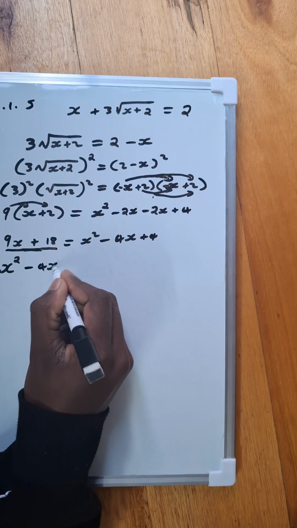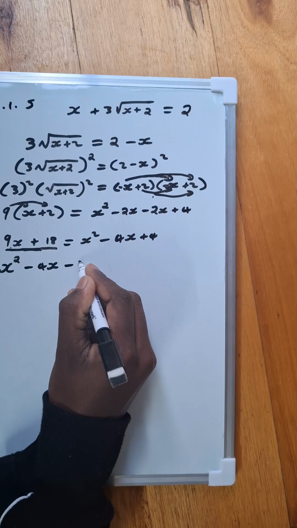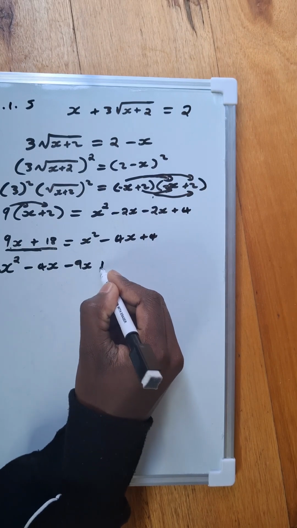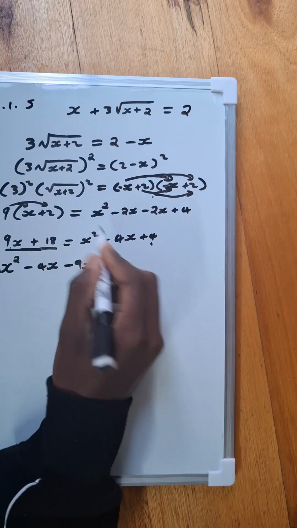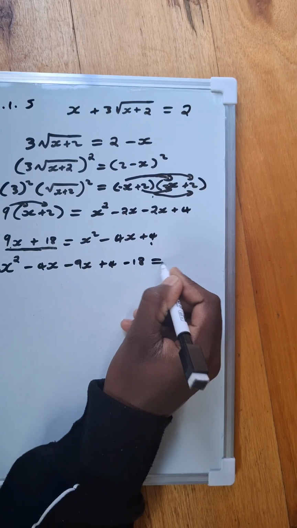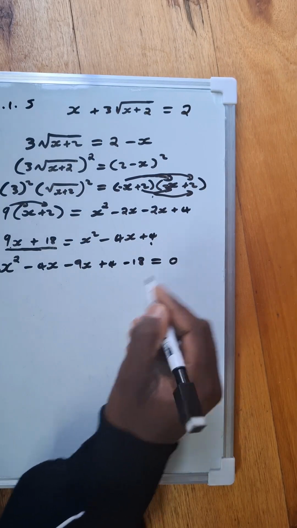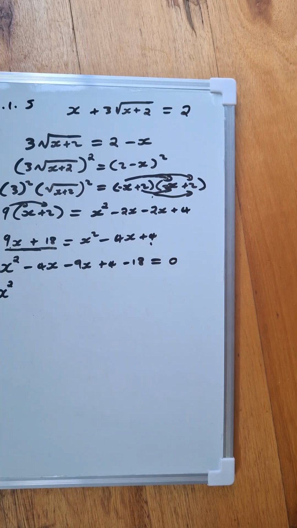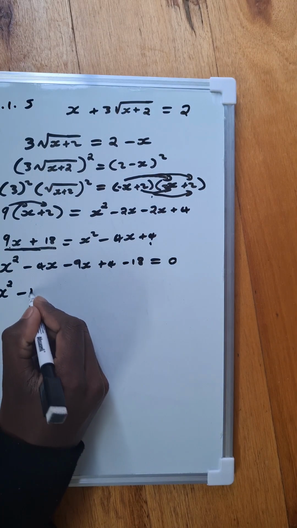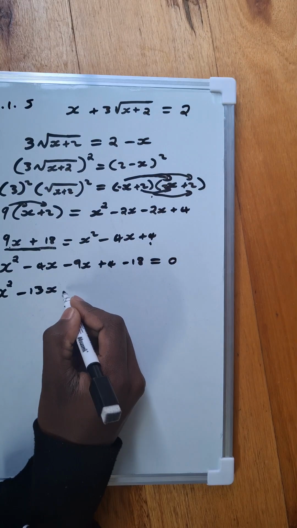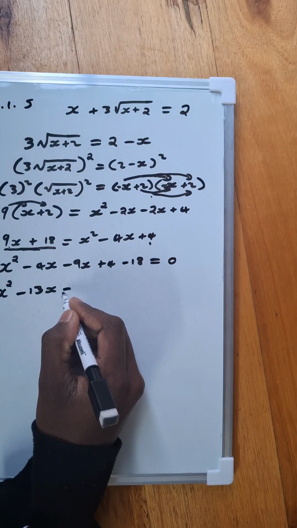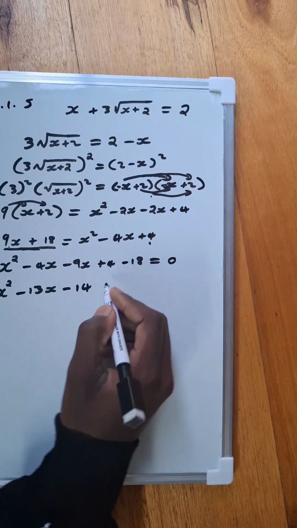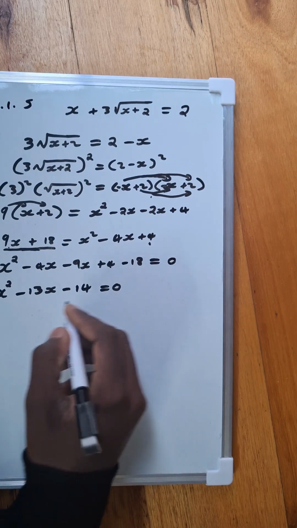So it is minus 4x, 9x going that side is minus 9x, plus this 4, then 18 going that side is minus 18 equals 0. Then you add the like terms, minus 4 minus 9 is minus 13x, then 18 minus 4, so you get minus 14 equals 0.